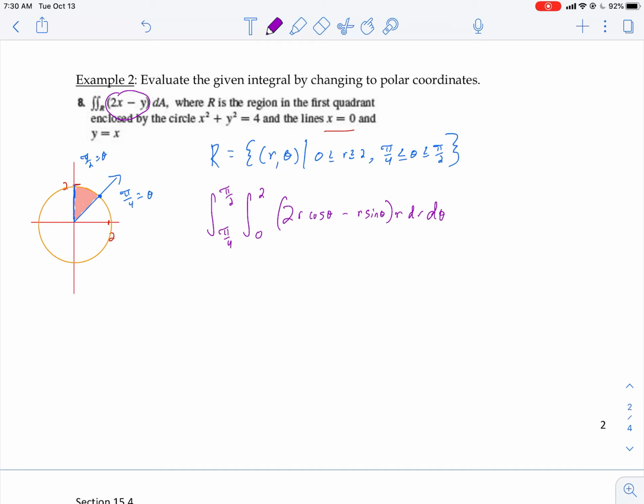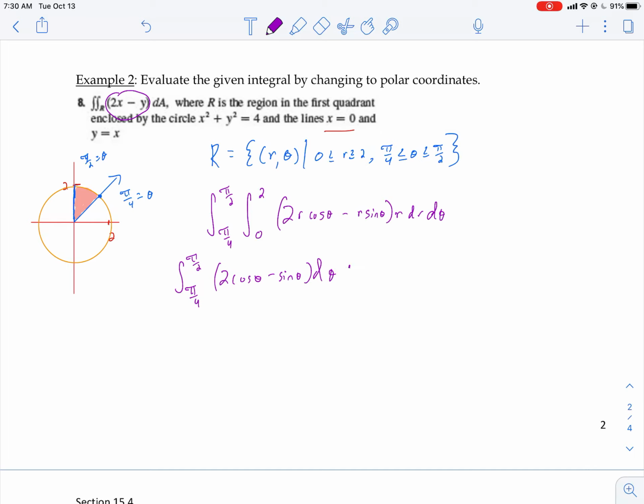All right, now what's really nice about this is I can go ahead and pull out my r's. So I can break this up and integrate from pi over 4 to pi over 2 because there are two functions multiplied by each other. I can pull this r out. And so I'm going to have pi over 4 to pi over 2 of 2 cosine theta minus sine theta d theta.